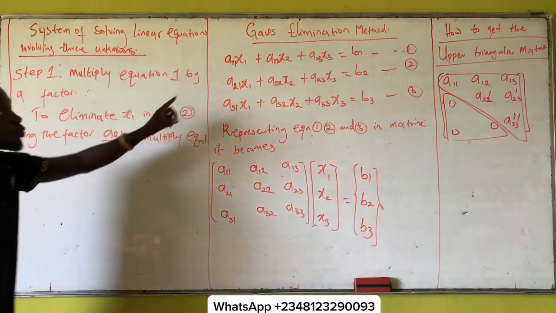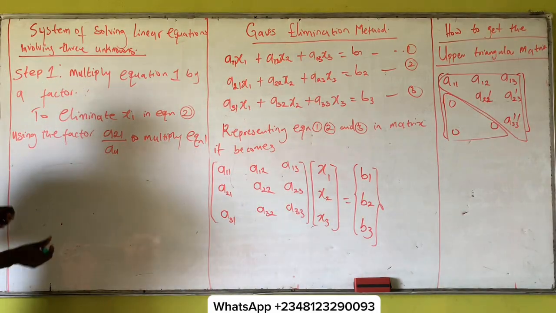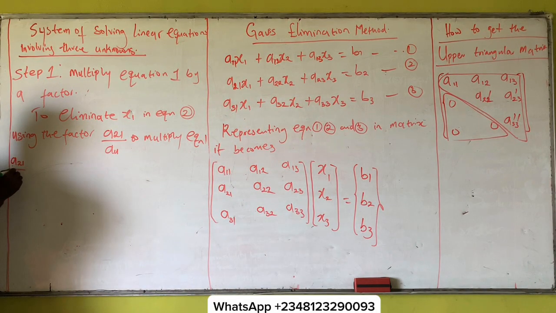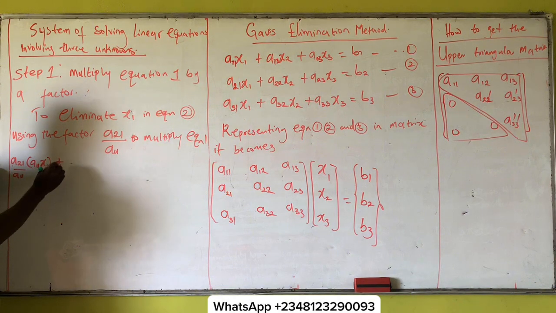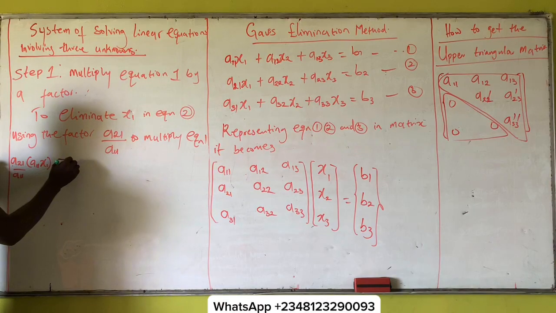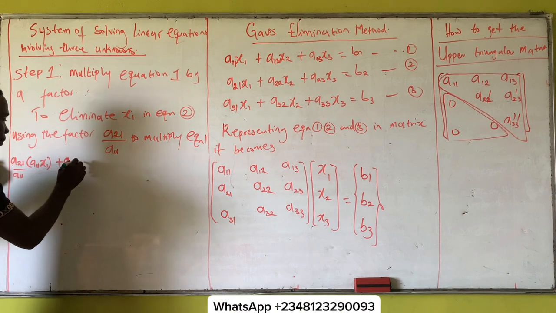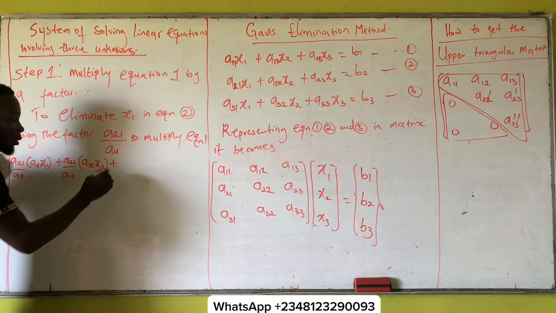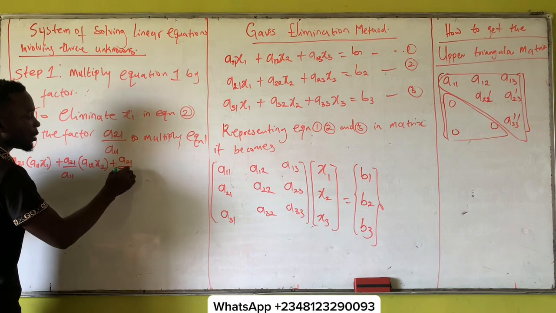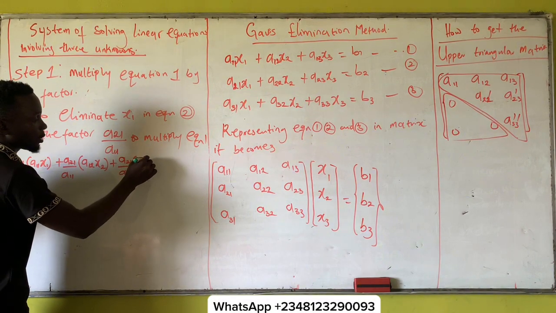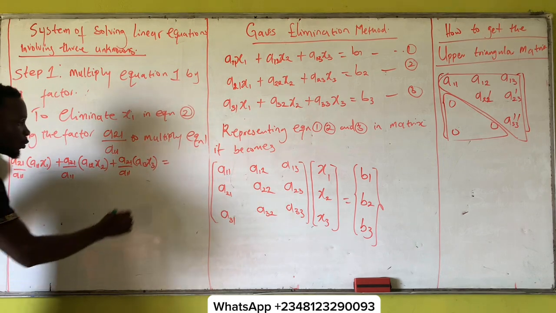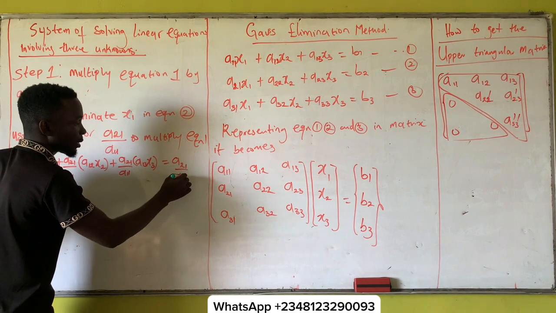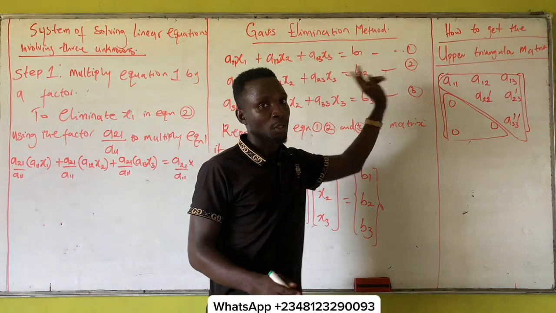So if we use this to multiply our equation 1, we are going to have A21 all over A11 times, in bracket, A11 x1, plus A21 all over A11 times A12 x2, plus A21 all over A11 times A13 x3, is equal to A21 all over A11 multiplied by B1, since we also use it to multiply the right hand side.